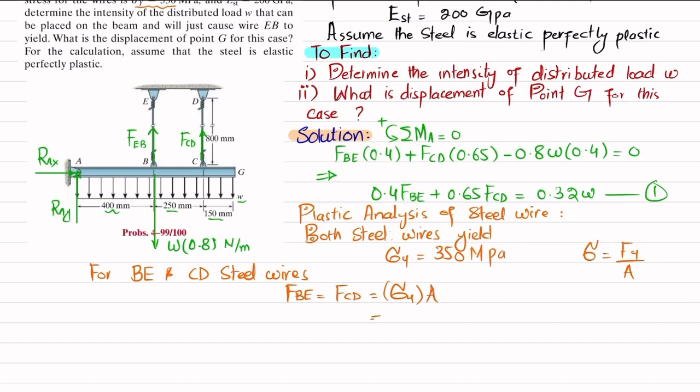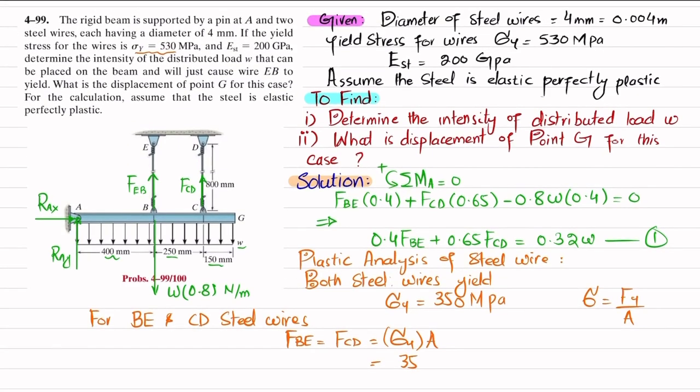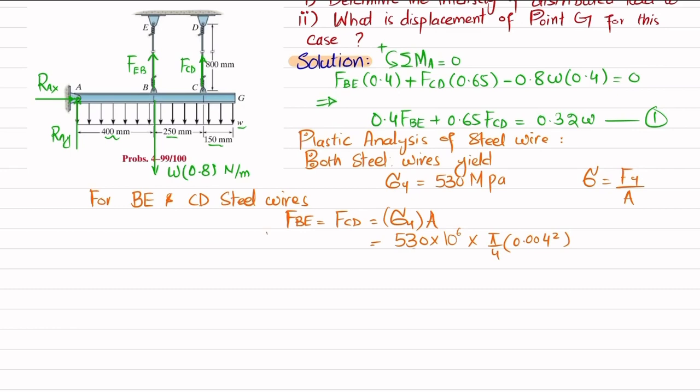So you have sigma y, which is 350 megapascal, sorry, this is not 350, this is 530. Correct it as well: 530 into 10 raised to power 6 multiplied by the area. Diameter is given as 4 millimeter or 0.004 meter. So it will be pi by 4 times 0.004 squared. That will give you the force in BE and the force in CD.